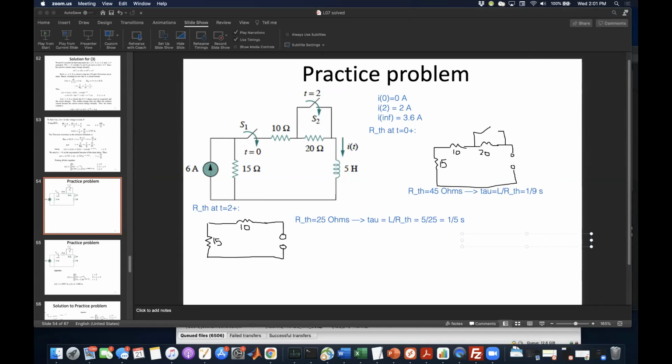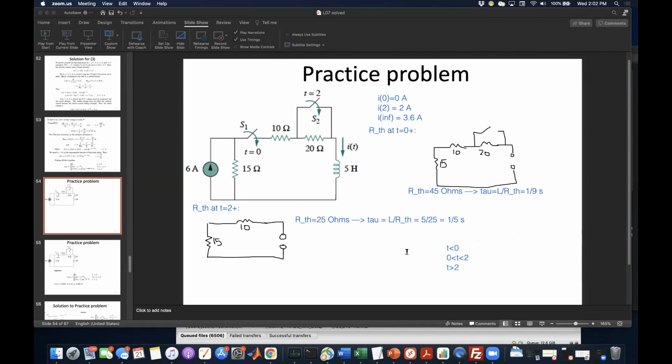So there's the time between 0. These are the 3 segments in the solution.